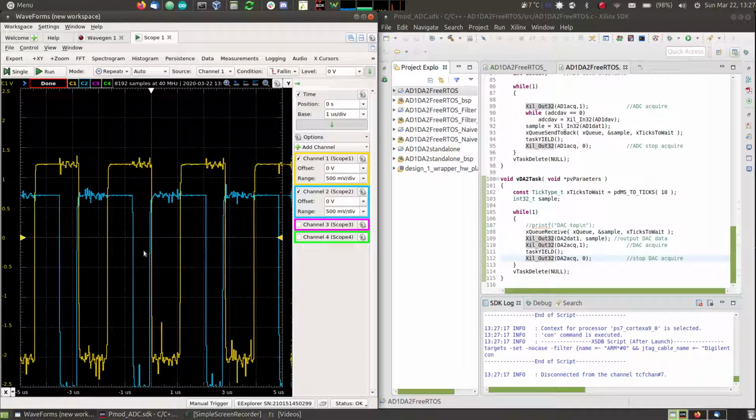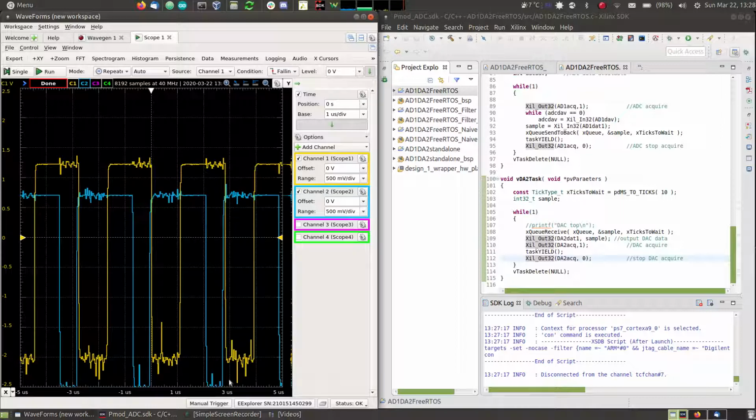And looking at our chip select signals, we can see that the period of the A to D and D to A is much shorter. It's a little bit less than 3 microseconds. I estimated it to be about 2.8 microseconds, which gives us a throughput of about 357 kilosamples per second.